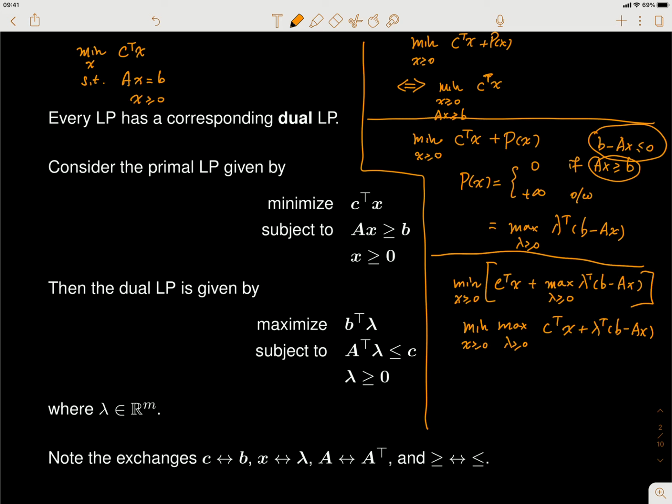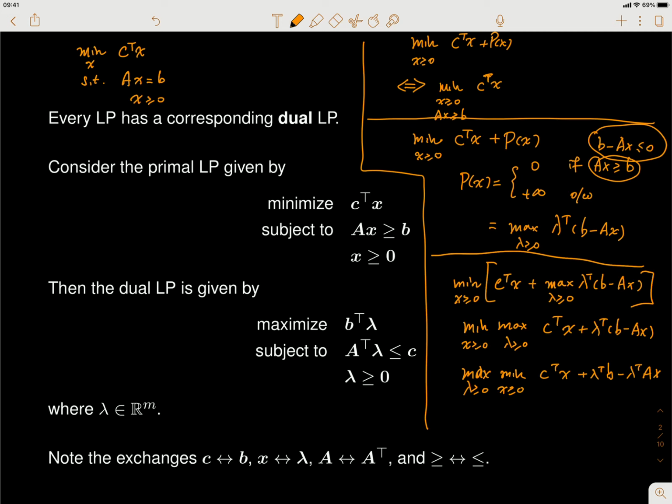Okay, so now let's switch the min and max, and we'll see that when we switch this, here I'm going to have c transpose x plus lambda transpose b minus lambda transpose Ax.